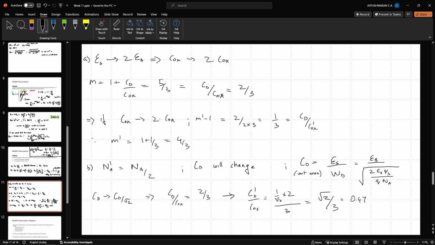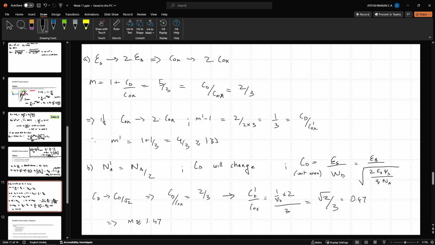0.47. So this implies M is, I could have also written it as (3 plus root 2) by 3, but that doesn't look so nice. So this is approximately 1.47. In this case, this is 1.33.